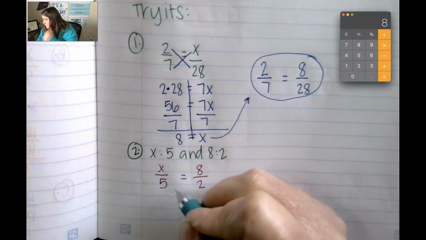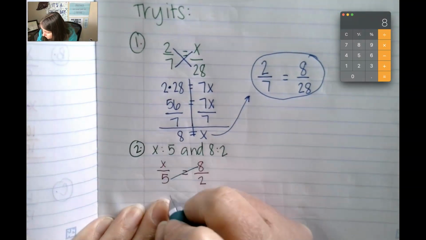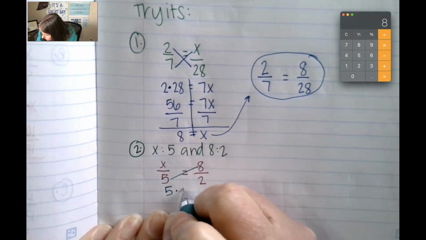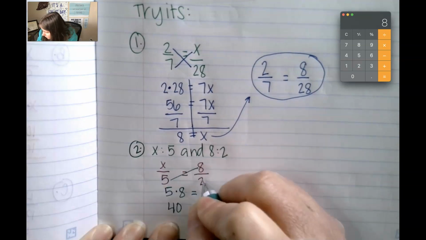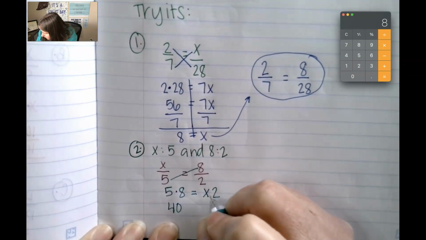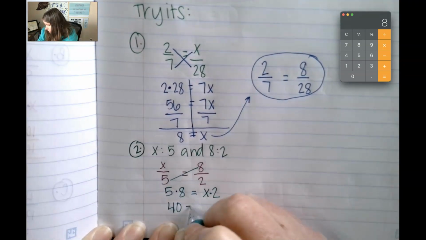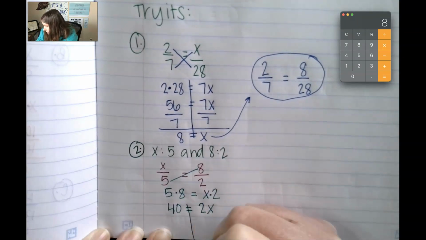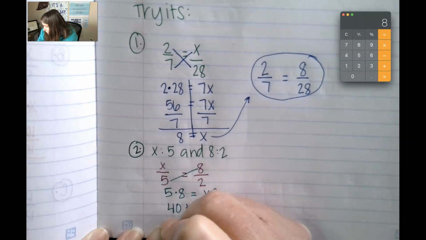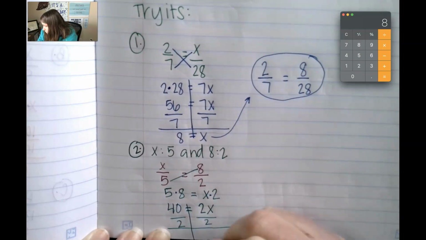All right. So 5 times 8. 5 times 8 is 40. And that's equal to x times 2. We're going to just flip that around so it says 2x. Now we're ready to divide by 2. Divide by 2.